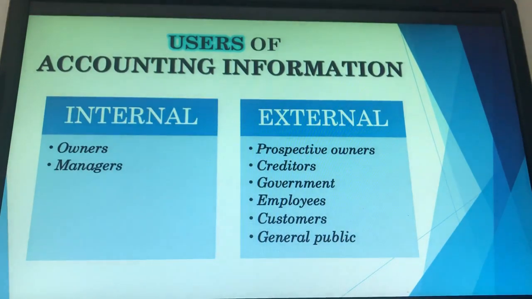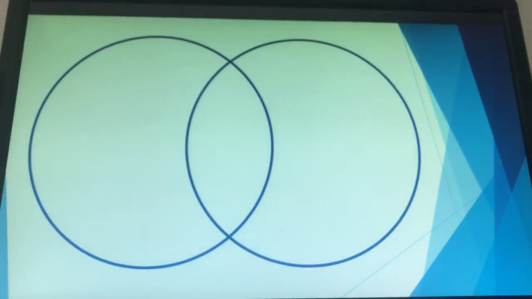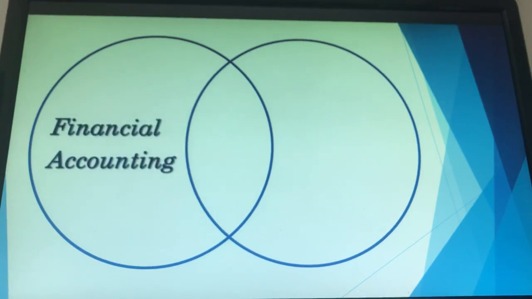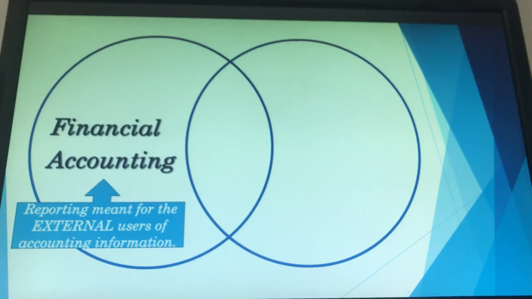Now, relating to these users of accounting information, let's discuss the different branches of accounting, and this is our last part for this video. We have the three main branches of accounting. This is a Venn diagram that describes them. We have financial accounting on the left side, which is reporting meant for the external users of accounting information.